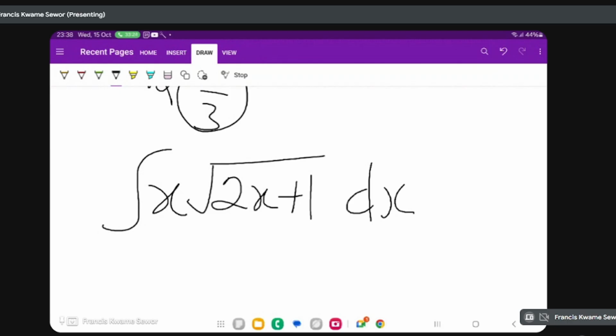From the previous one, I think substitution works because if you differentiate the bracket, you get a constant, also up to a power. Okay, what case is this one? Is it one function raised to a power or functions multiplying? Two functions multiplying.